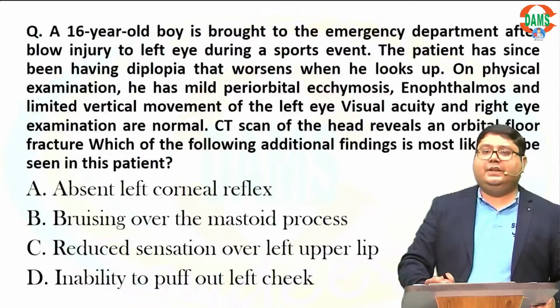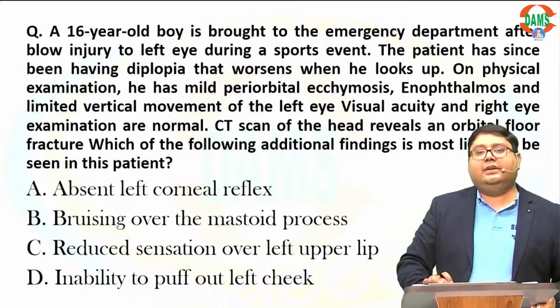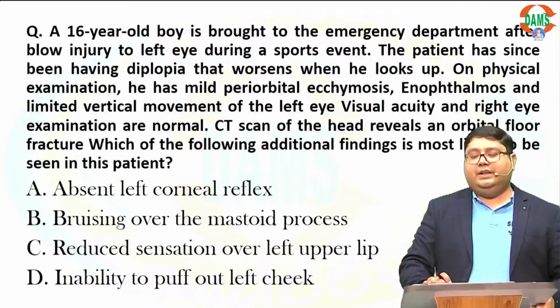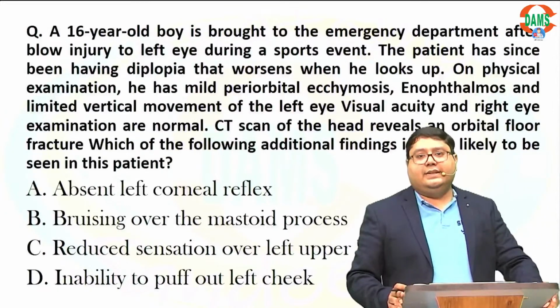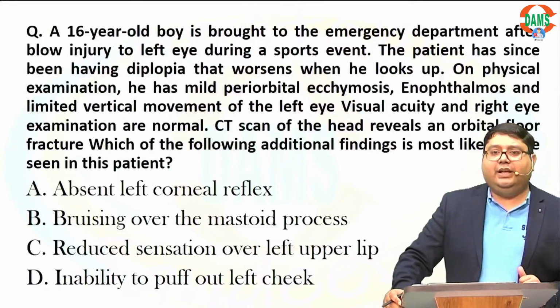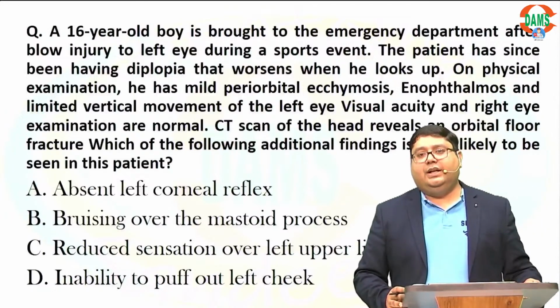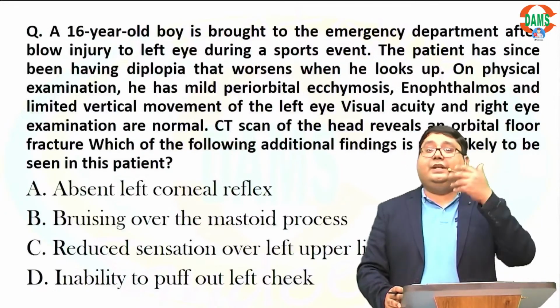Now, dear friends, another question I am going to take. What will be your answer in this question? A 16-year-old boy is brought to the emergency department with a blow injury to the left eye during a sports event. The patient has since been having diplopia and diplopia worsens when he looks up.